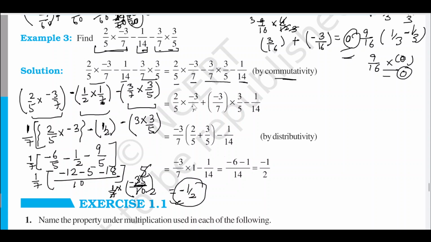Okay, after that it has taken minus 3 by 7 as common. You can see after shifting, this minus 3 by 7 from this grouping and 3 by 7 from this grouping was taken out.